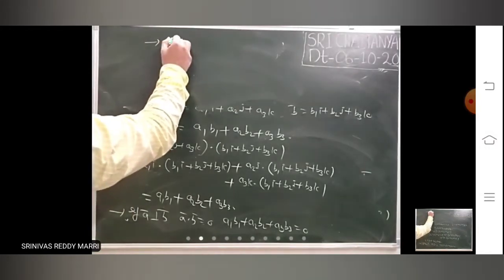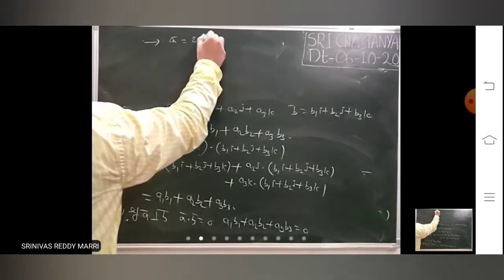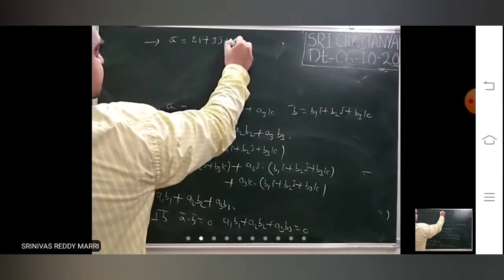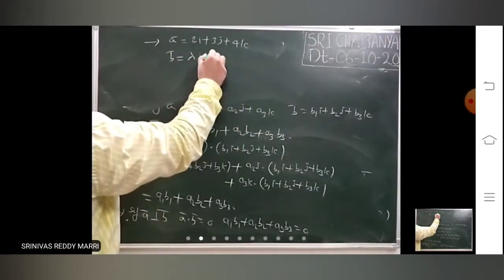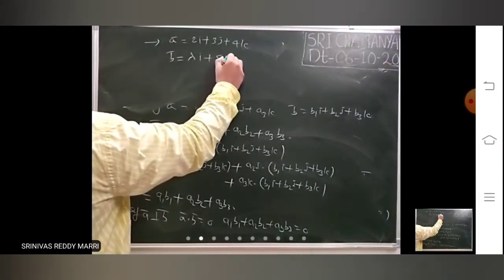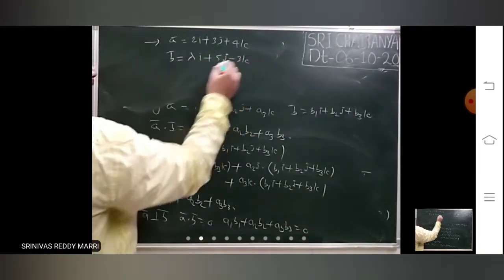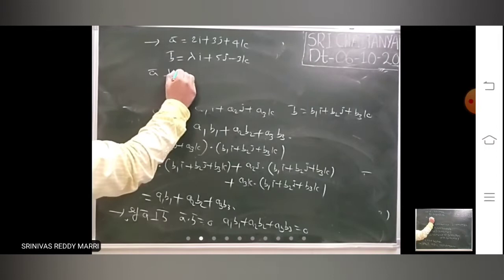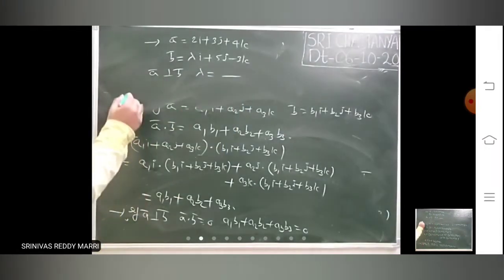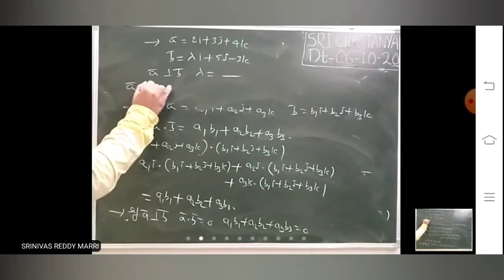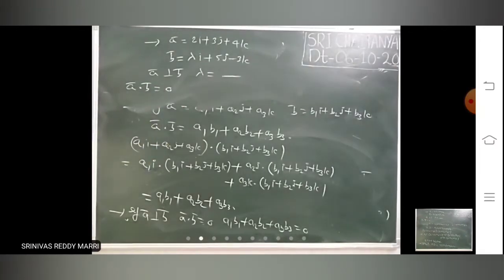Look at this. Suppose A bar equal to 2i plus 3j plus 4k, B bar equal to lambda i plus 5j minus 3k. A bar is perpendicular to B bar. Lambda equal to what? Perpendicular means A bar dot B bar equal to 0.